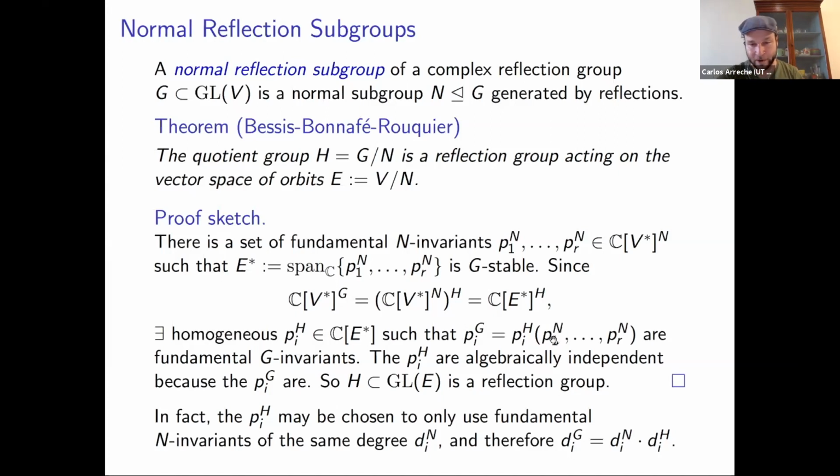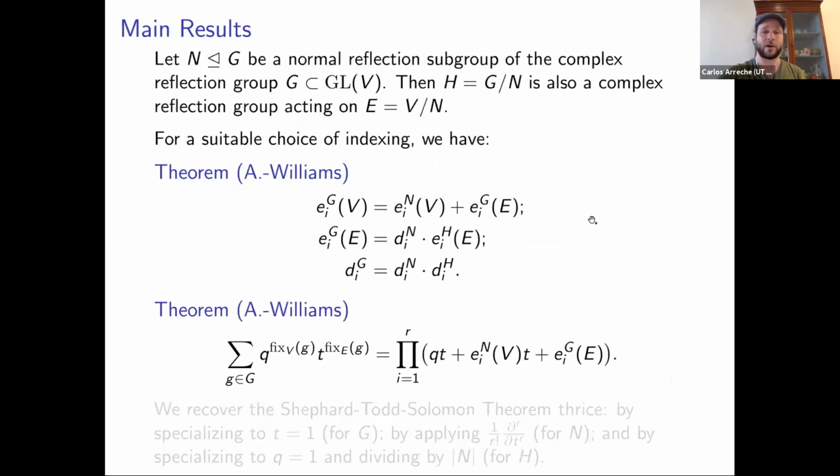And from staring at this composition, you notice this fact that the degrees of G can be obtained as products of N degrees and H degrees. That's part of one of our theorems.